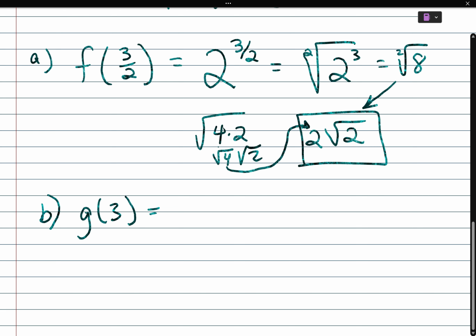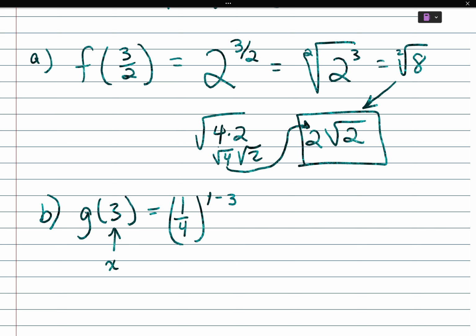So we have g of x is equal to 1/4 raised to the 1 minus x power. Well, x is now 3. That's given, right? 3 is x. So we just go ahead and do the math.